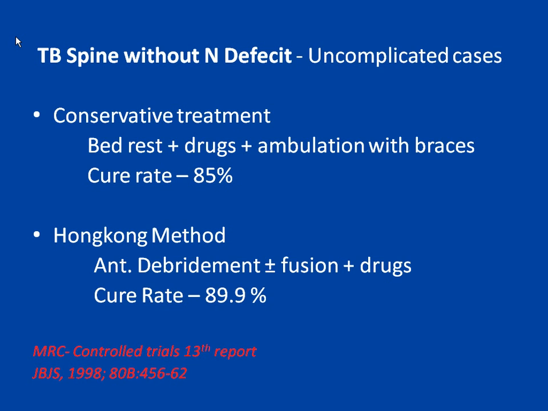Another method, which has MRC controlled trials in their 13th report, is the Hong Kong method, where there is extensive radical debridement anteriorly with fusion and drugs. The cure rate has been almost 89%, with no significant difference.